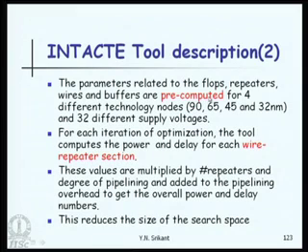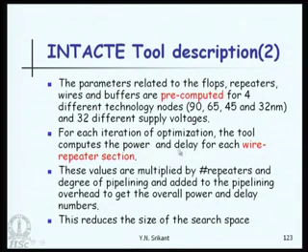The parameters related to the flops, repeaters, wires and buffers are pre-computed by simulations for 4 different technology nodes: 90, 65, 45 and 32 nanometers, and also 32 different supply voltages. By doing this computation early, before we start optimization, we are saving a lot of optimization time.